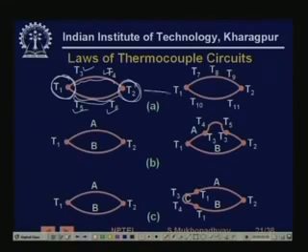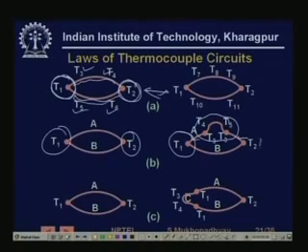Right? So these two cases will give the same EMF. Similarly, it says that even if you connect a third metal here and the temperature here can be anything, still if you have A here and A here and this is B, and if you maintain the junctions at the same temperatures T1 and T2, then you get the same EMF across the loop. That is also another point.